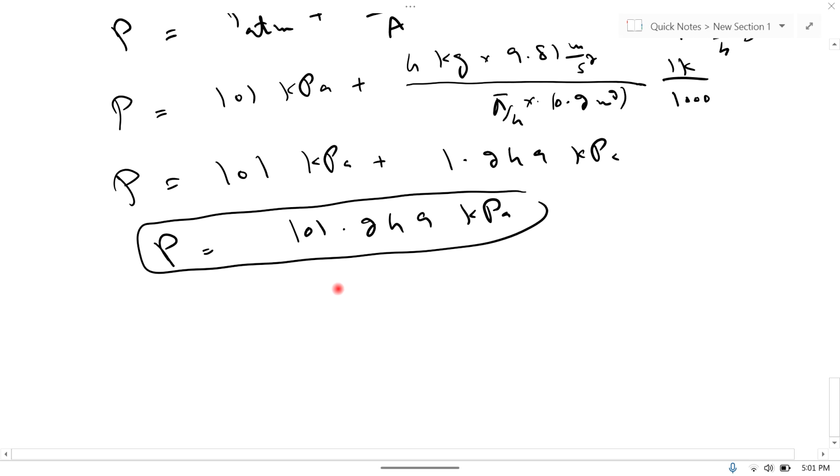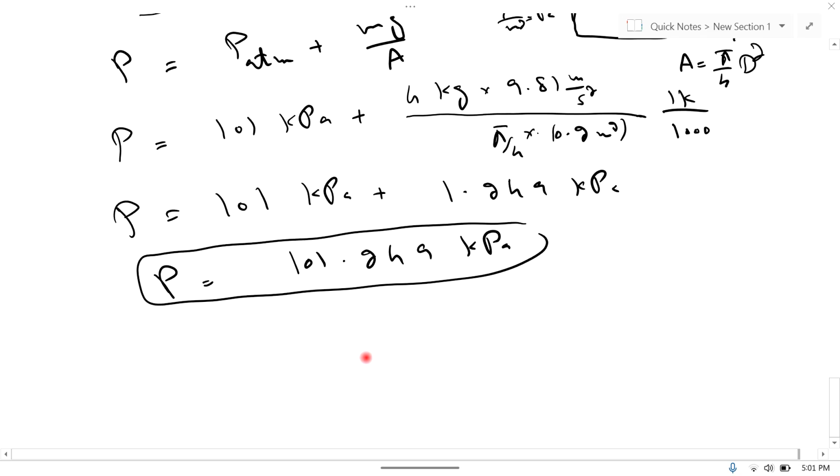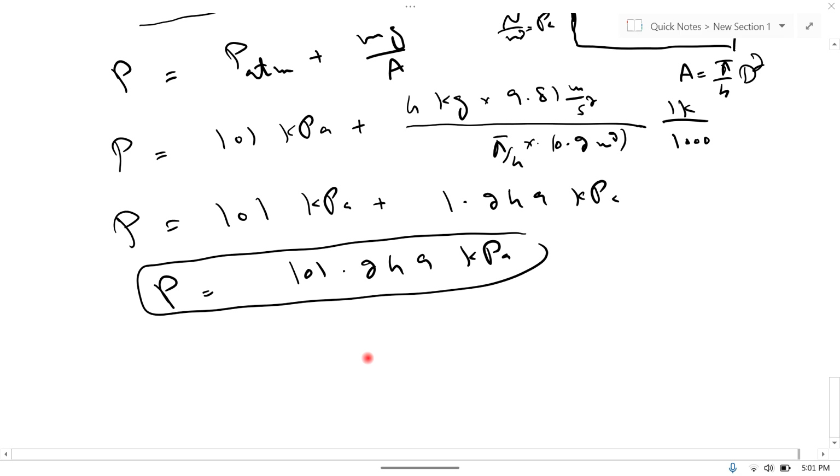Now I have to find the boiling temperature at this pressure. So this is 102.249 kilopascal.